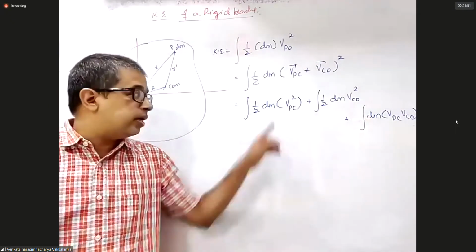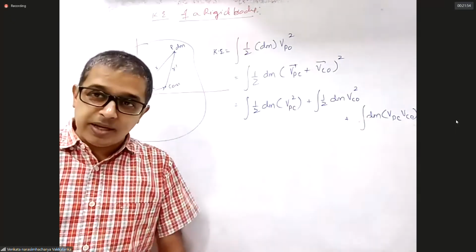A plus B whole square, A square plus B square plus 2AB.